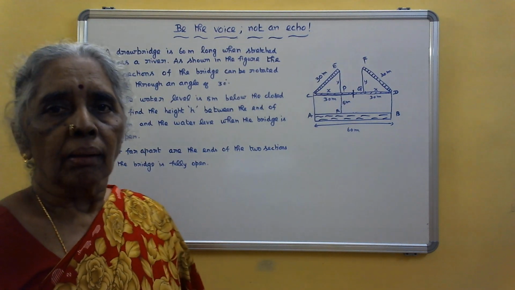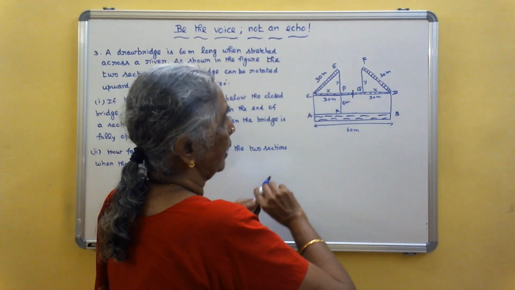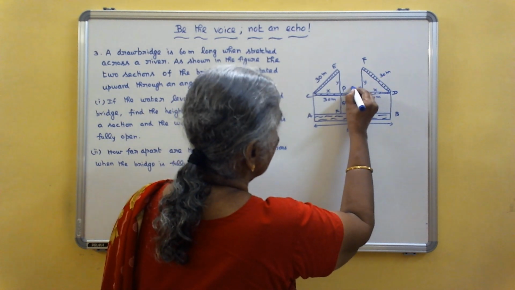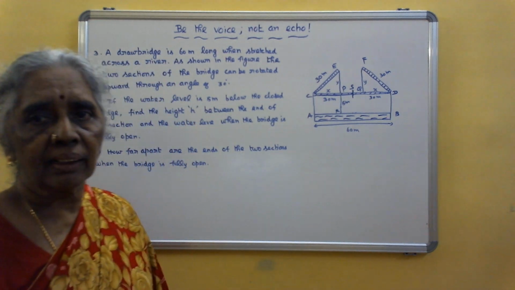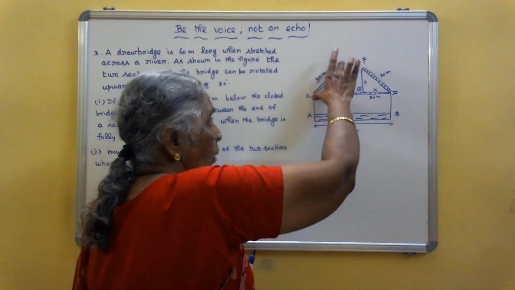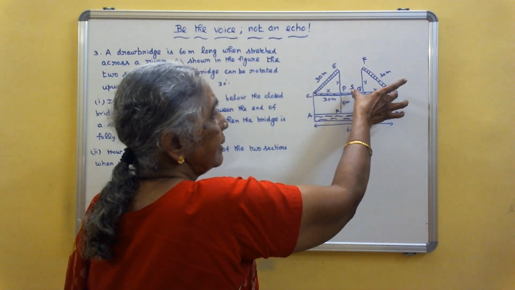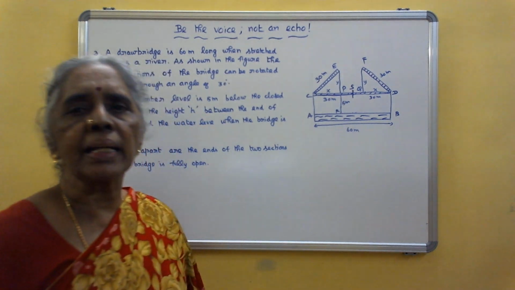Now the bridge is such that this portion, I can name it as CS and SD. The CS you can open and that becomes CE, and that SD can open and that becomes DF.